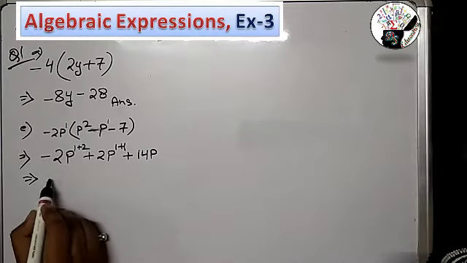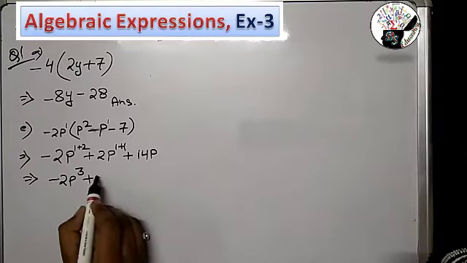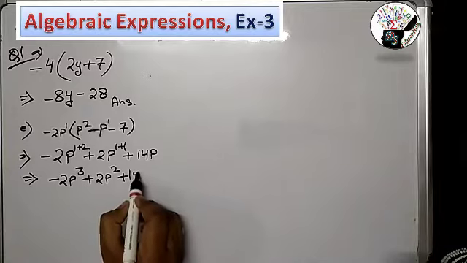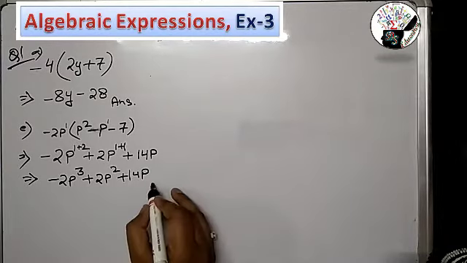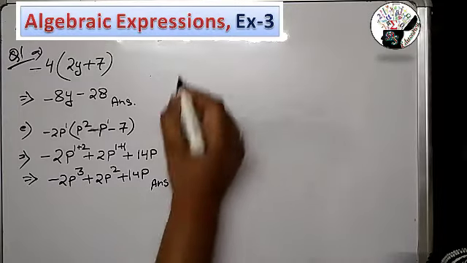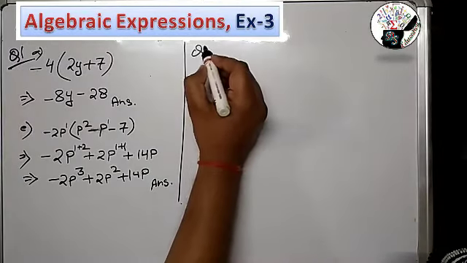Further solving it, it will become minus 2p to the power 3 plus 2p to the power 2 plus 14p, and this will be the answer.